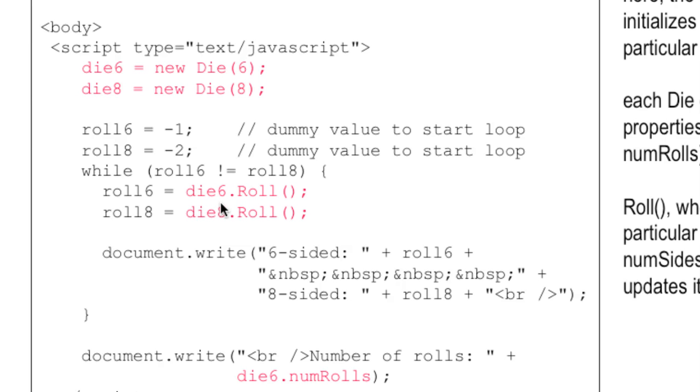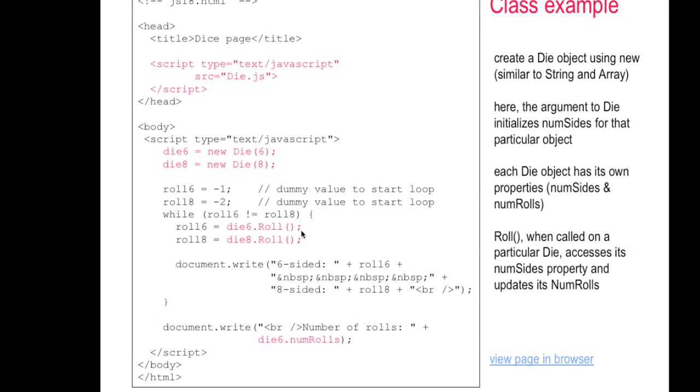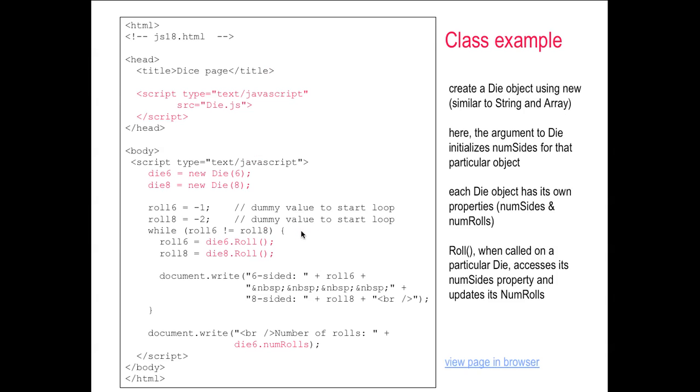But what's going to end up happening is you're going to look at other people's code and you're going to go, what is that? Well, it's a method call on an object, and the object was created by the programmer or by the web developer. It's not a built-in object, but it's working the same way as a built-in object. So if you know object-oriented programming and you're familiar with it in other languages, this is simple.